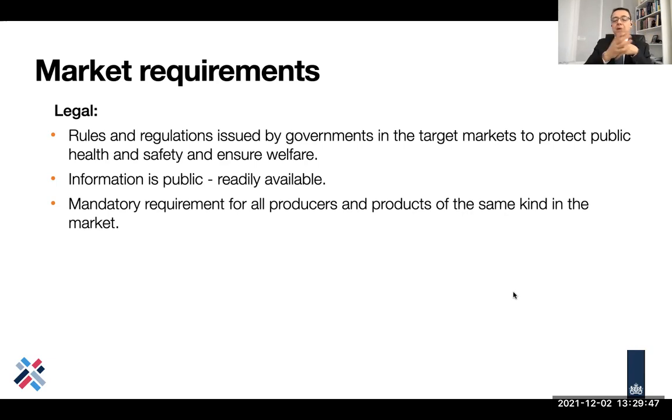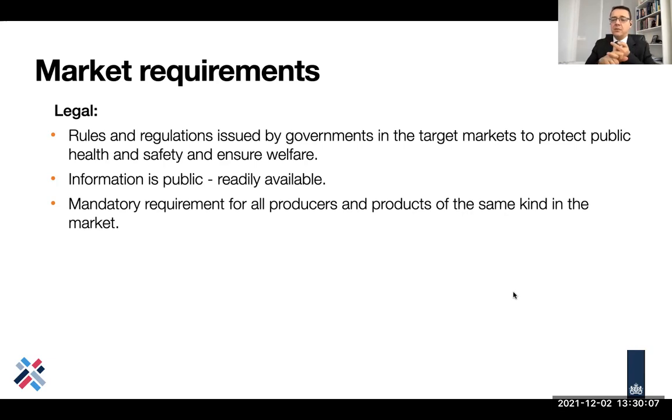So these are the things, for example, that establish pesticide residue in raw food. This is the type of requirement that mandates HACCP certification of processed food.